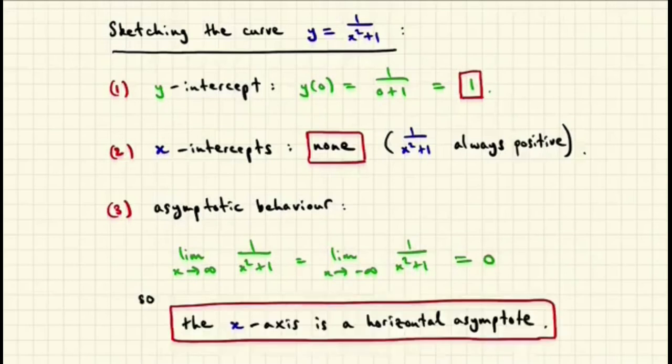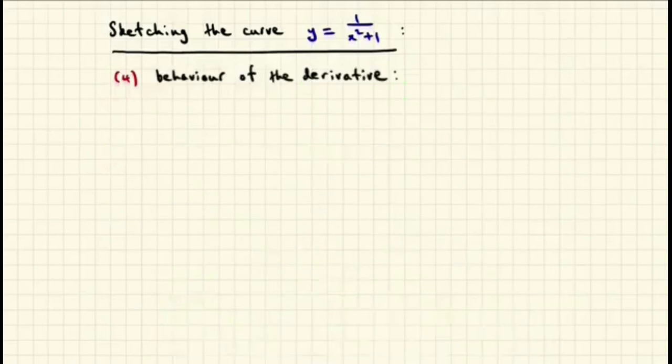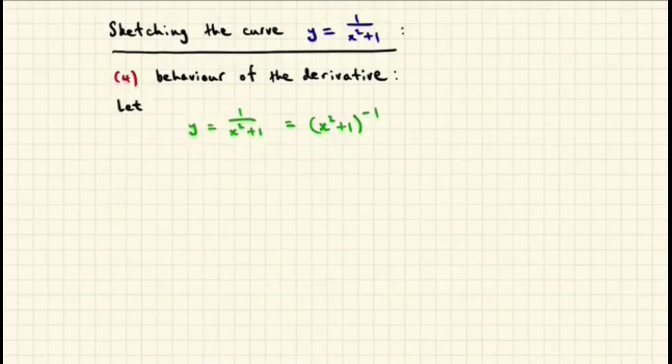We then investigate the derivative, which gives us information about when the curve is increasing or decreasing, and for finding any turning points. To set up the chain rule, we write y as x squared plus 1 to the minus 1, which becomes u to the minus 1, where u equals x squared plus 1.